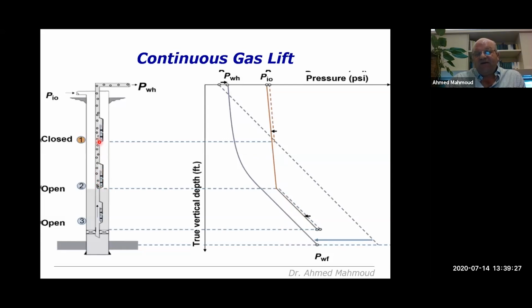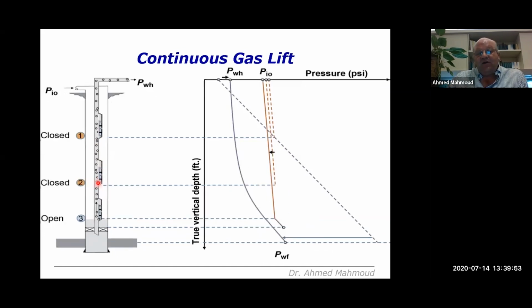Once I have done that, the first valve will close, because it no longer has any delta P across it. It will have gas in the annulus, and inside it has a lightened fluid column, because it has previously lightened the fluid column up to that depth. Then I will start dealing with the gas being injected in the second valve.